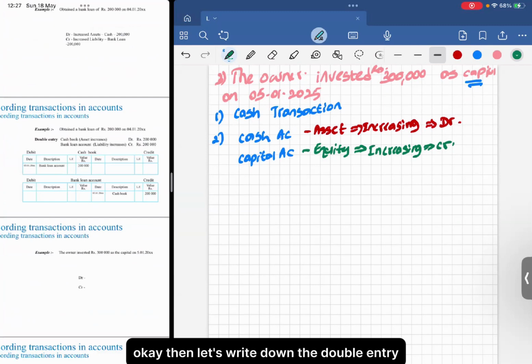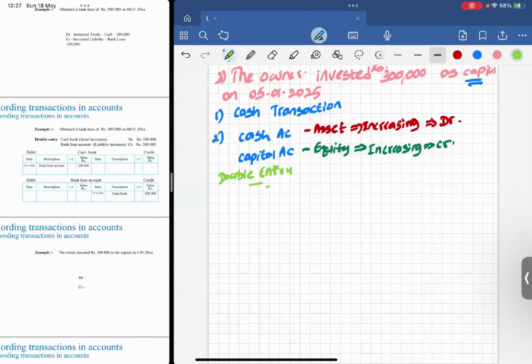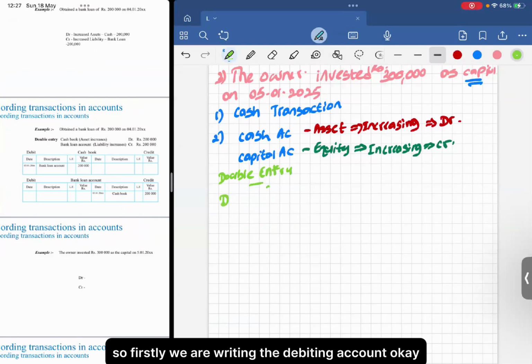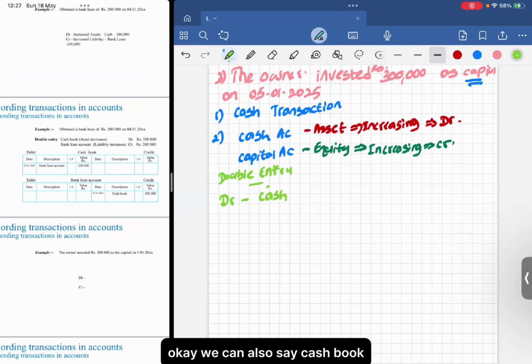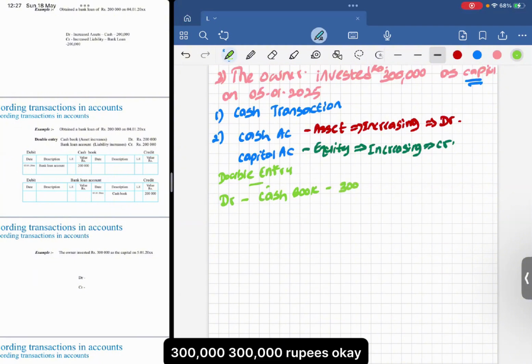Okay, then let's write down the double entry. Firstly, we write the debiting account. Debit the cash account, or we can also say cash book, by rupees how much? 300,000 rupees.